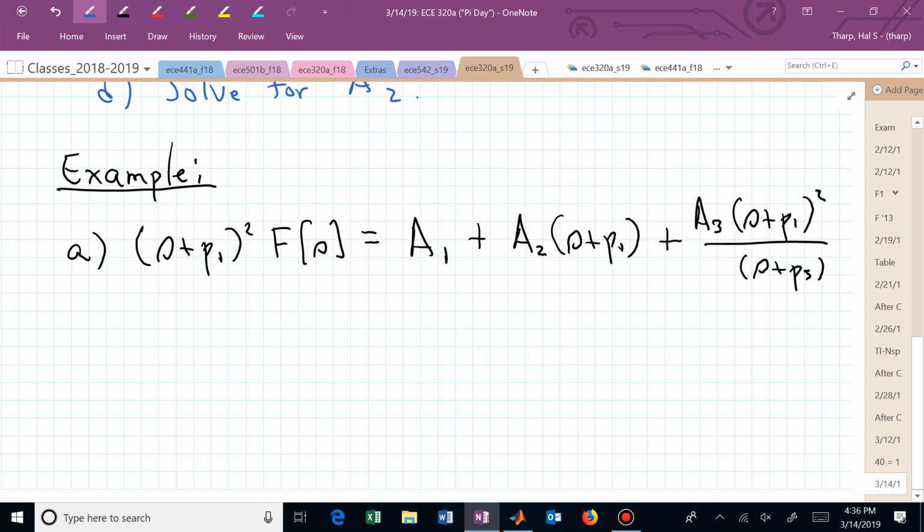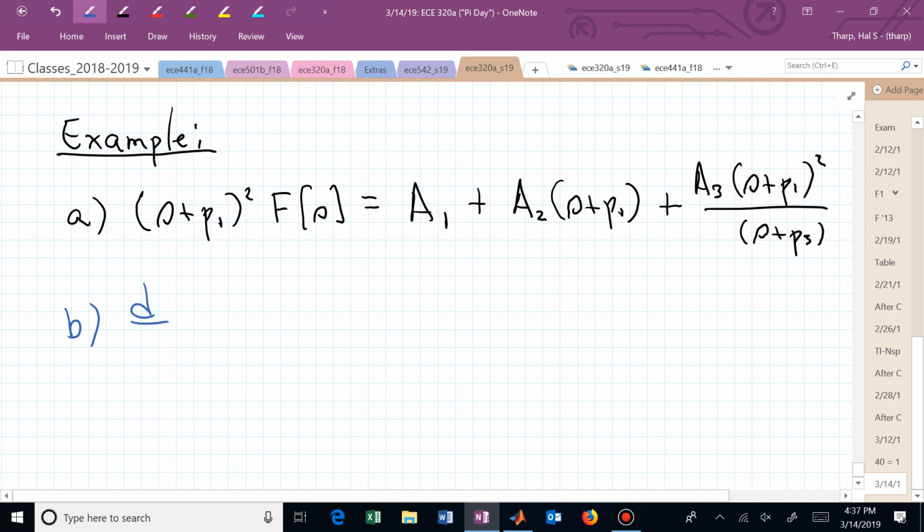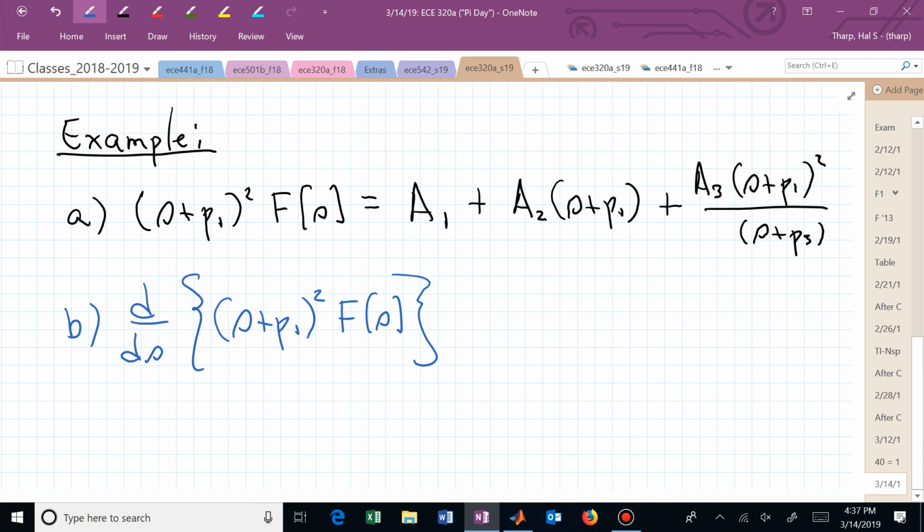What now happens when we start differentiating? Now we differentiate with respect to s. This s plus p1 squared F of s, and I'm actually going to evaluate this in step 3. So let's just do it here for now. Let's just write it that way. Okay, I've now differentiated this, which I'm not going to do formally, but that's what I have.